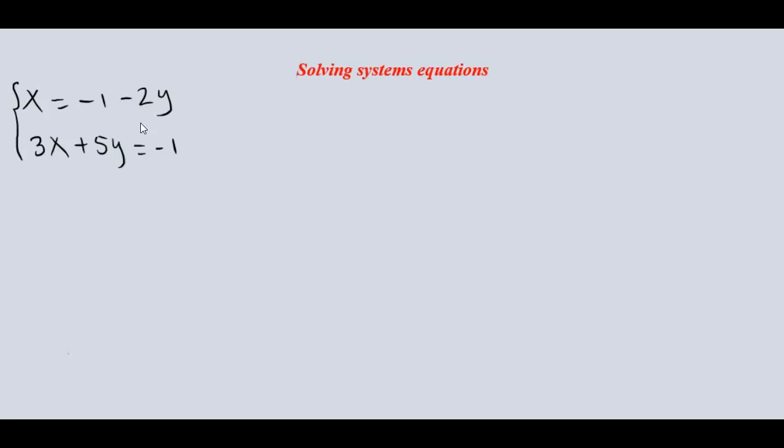Notice that just like the previous example, in this example we already have x by itself. So since we already have x by itself, we can go ahead and start with the substitution.